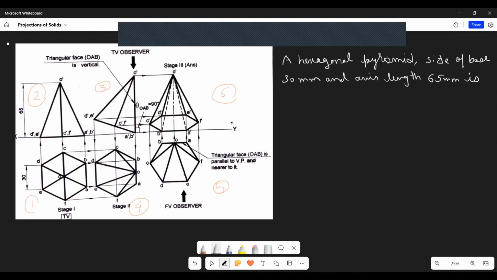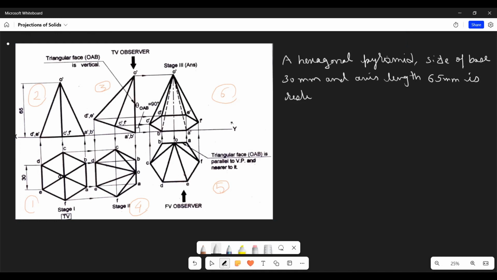Axis length 65 mm is resting on HP, is resting on one of its base edge. So in this case, the base edge on which it is resting is AB.